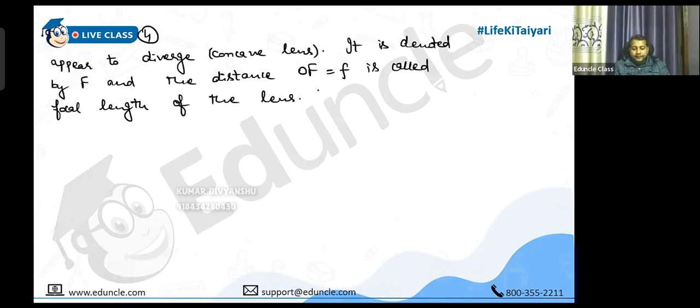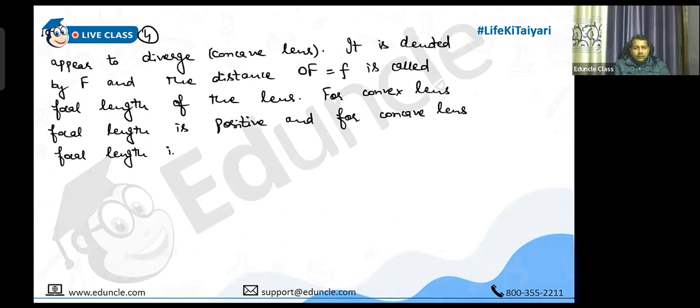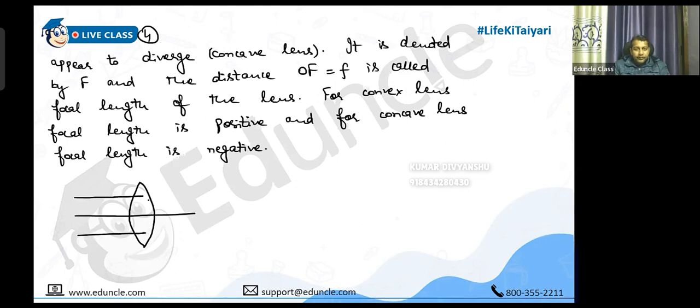For a convex lens, the focal length is positive. And this is called the focal length.